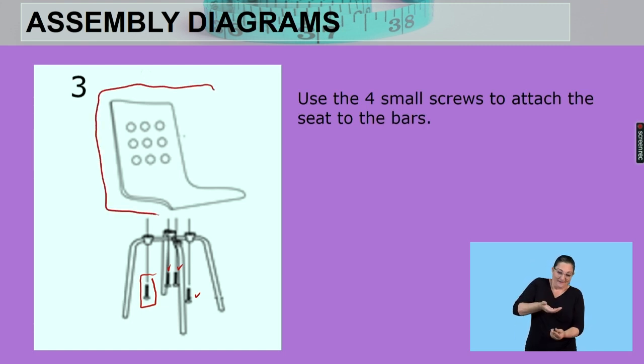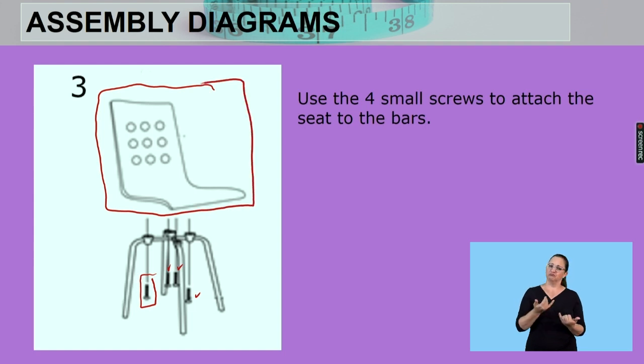So this chair is taking shape. Attach the seat to those bars that we've already assembled. Great stuff. And then the chair is complete. So that's how we would follow these instructions to build 1 office chair. Great stuff. So then we can go to that one.